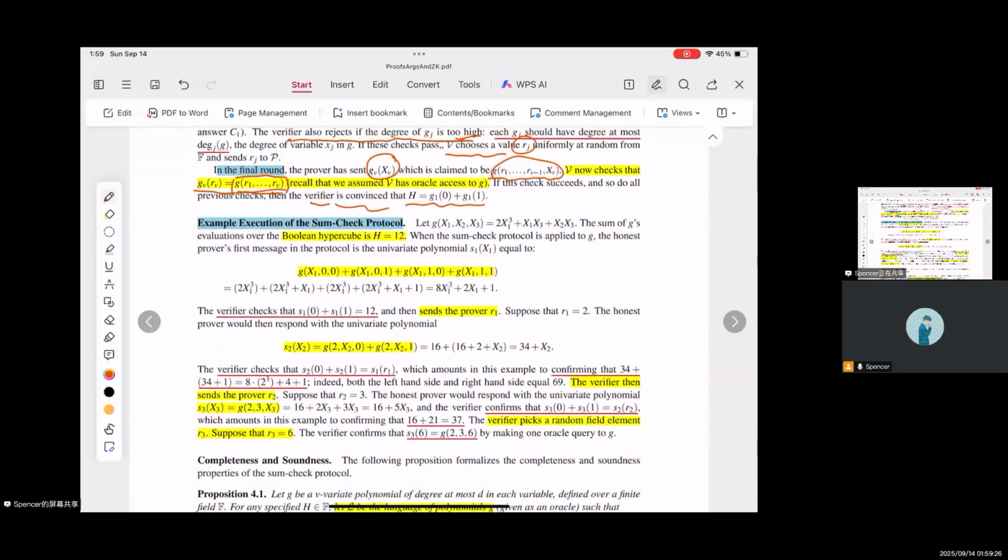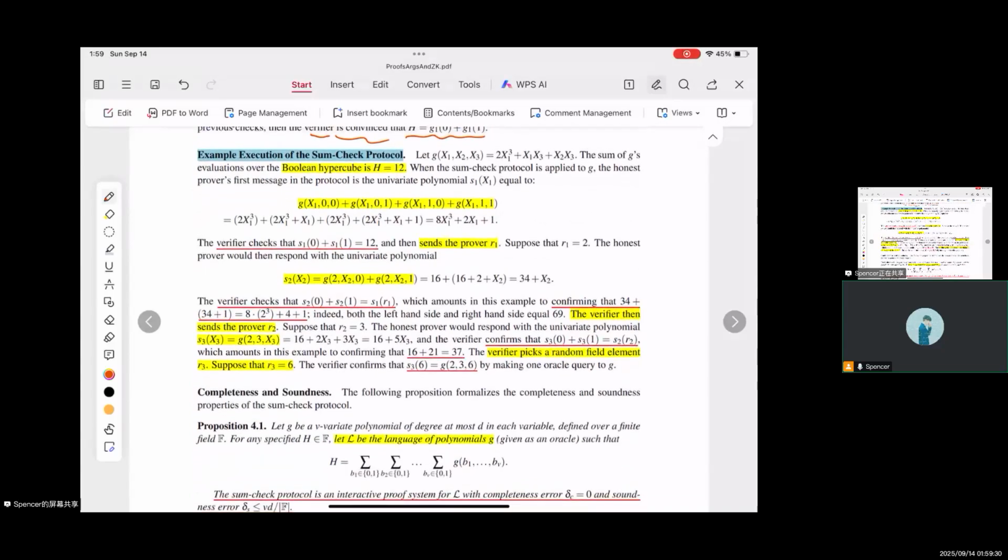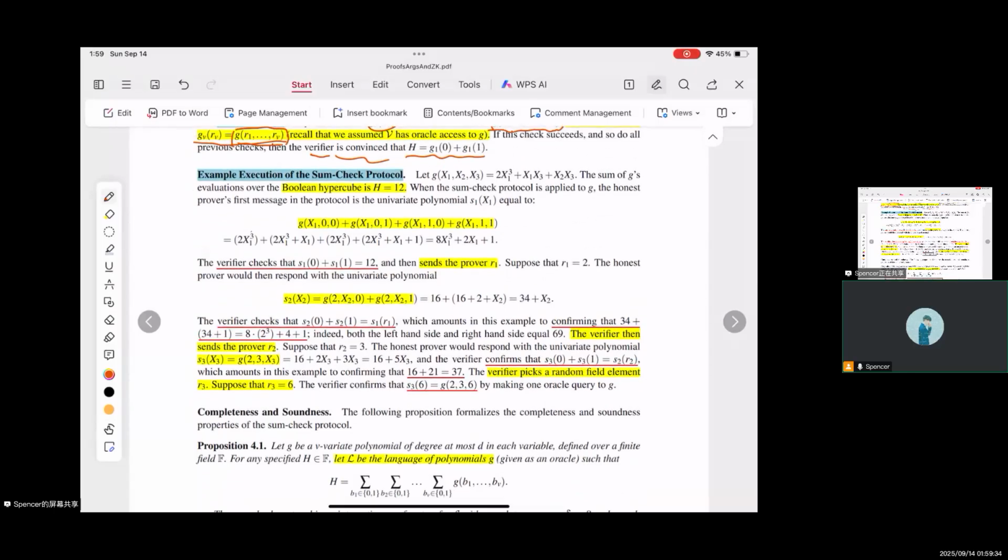Okay, let's look at this very vivid, very useful example execution of the sum-check protocol. Here is the polynomial g, its degree is d equals 3.